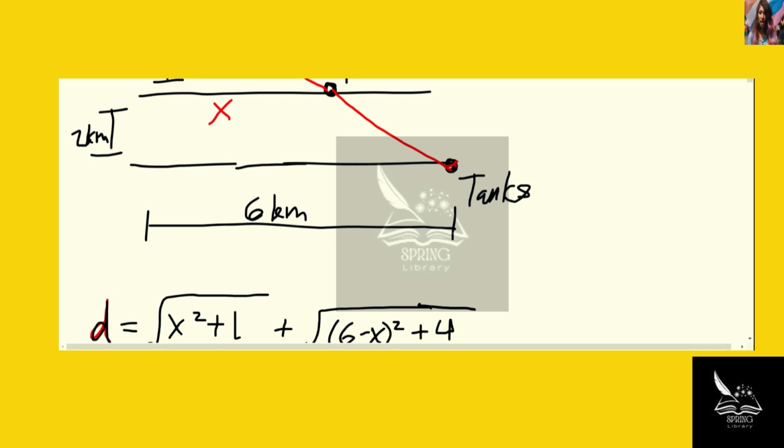And the cost function is the sum of both distances, each multiplied by its cost per kilometer.